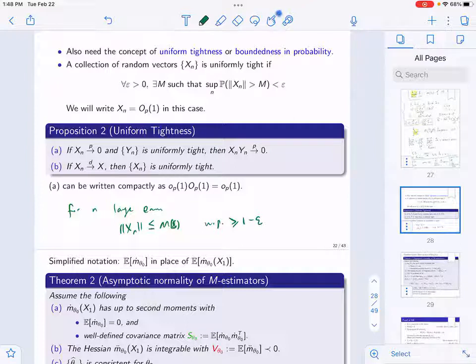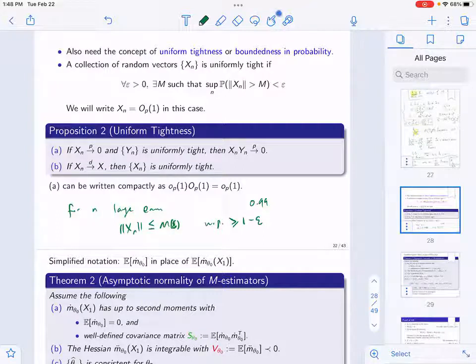So you can bound the future of the sequence at any level of probability that you want. If you want 0.99, I can find a constant such that with probability 0.99 the sequence is there. This prevents things from escaping to infinity.